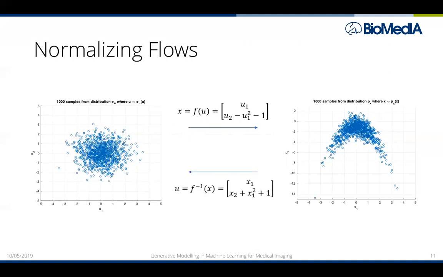And the inverse will just take a point here and map it back to this unit Gaussian distribution. So in normalizing flows, it is very important that you define a function which is invertible. This forward and inverse function is the mapping of coordinates. It is required to be invertible because we need to map the probability density.